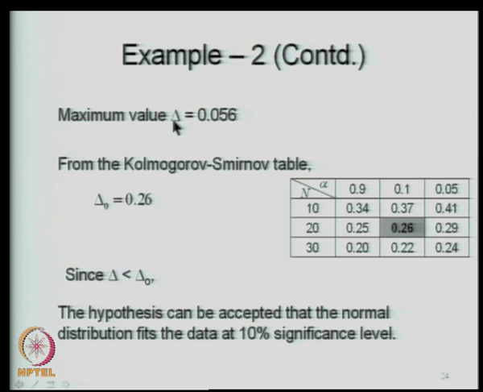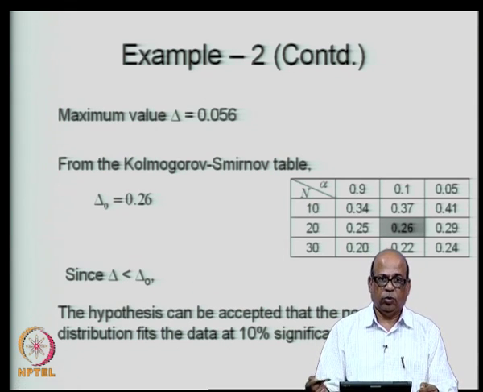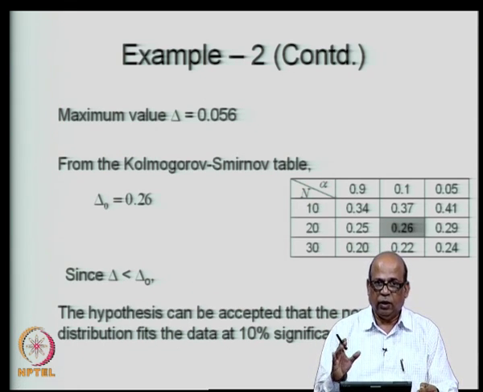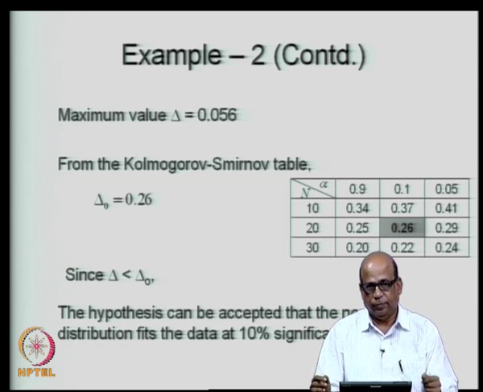The observed delta value coming out of the data is 0.056 and the critical value is 0.26. Because this is less than delta naught, we accept the hypothesis. So, the hypothesis that the data comes from a population following normal distribution is accepted at 10% significance level when we follow the Kolmogorov-Smirnov test.